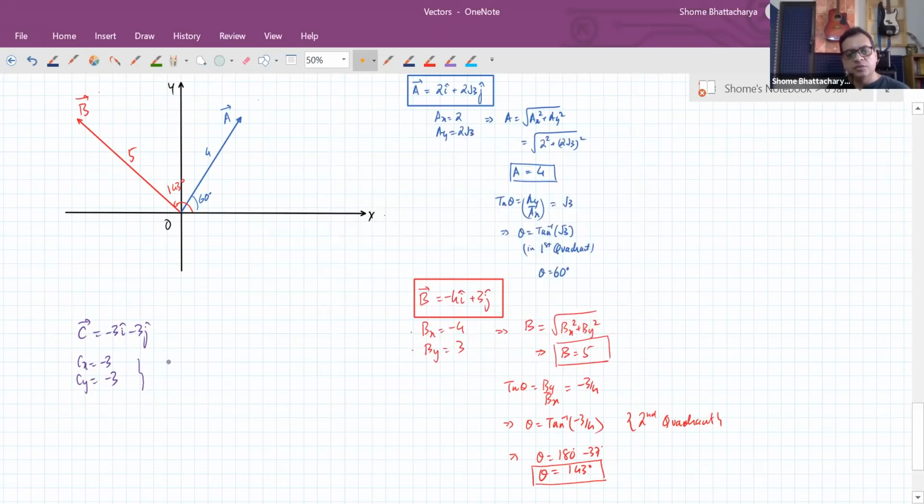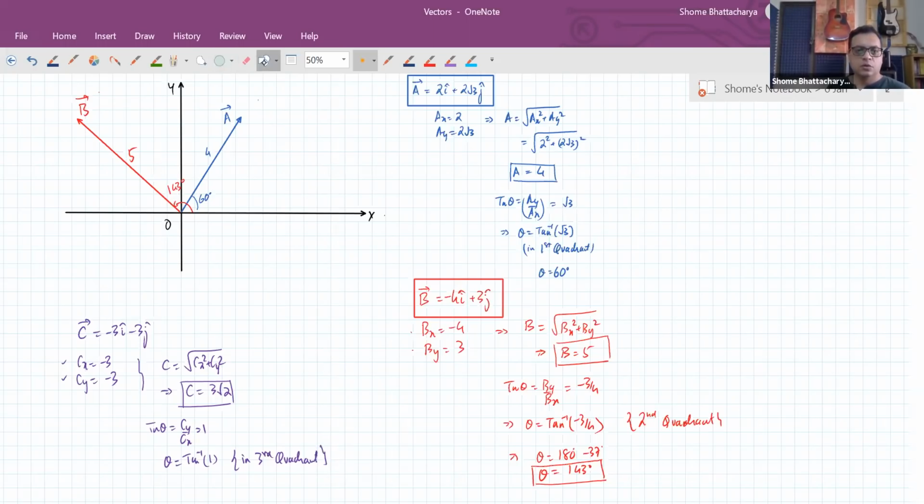So you can see the magnitude of the vector becomes 3 root 2. And you can also see that tan theta becomes 1, so theta is tan inverse 1. But the important thing is you can see Cx and Cy are both negative, so it's in the third quadrant.